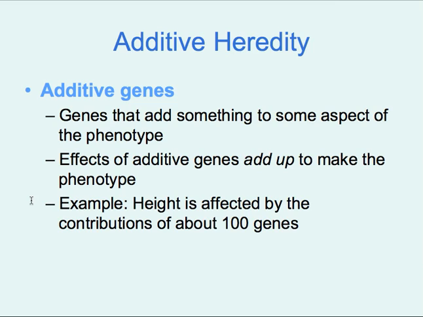The effects of additive genes add up to make the phenotype. So, for example, height is affected by the contributions of about 100 genes. And so what that means is that the first 50 are influencing how tall you're going to be. And then those next 50 are going to continue to influence how tall you're going to be.